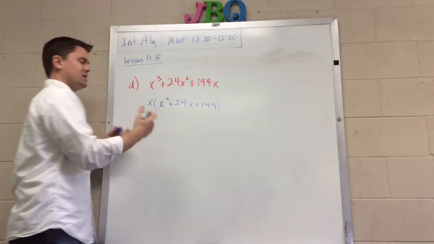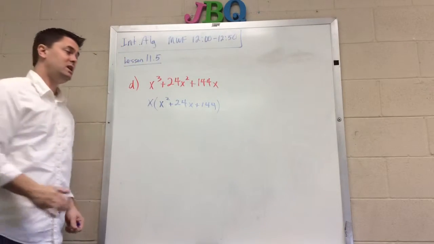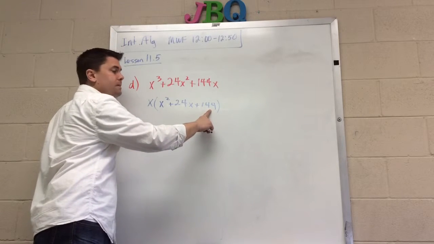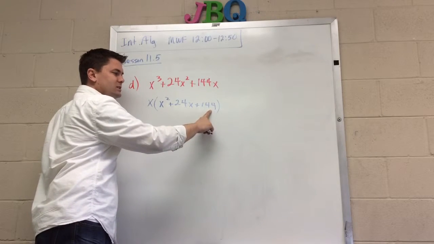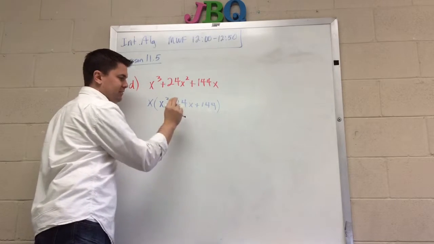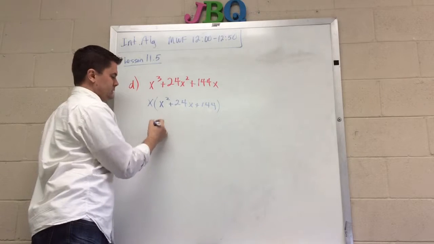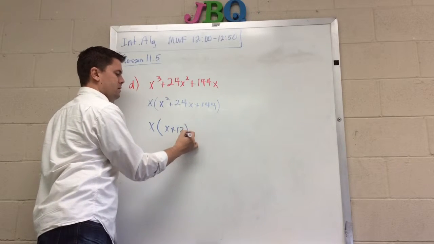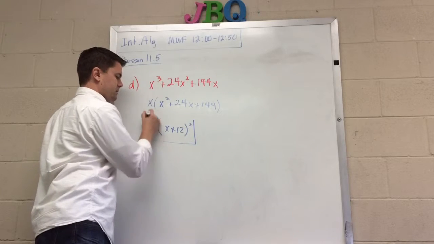Every term had an x, we factored it out. Does anyone see the perfect square trinomial pattern? 144. The square root of 144 is 12. Does this number match 2 times that 12? If it does, my final answer can be written as x times (x plus 12) parentheses squared.